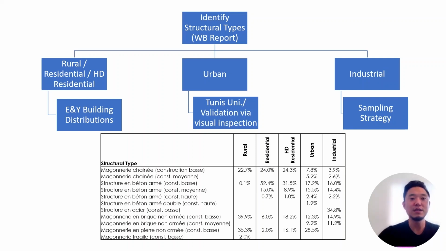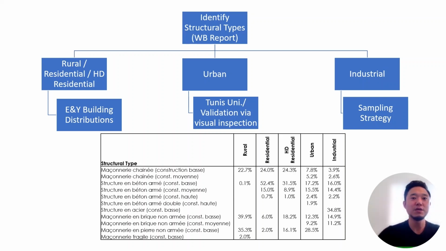The Tunisia housing data allowed us to relate those housing types to the Ernst & Young building types. For the urban, we relied on the field survey from the University of Tunis. We did validation inspection on our own to essentially sanity check any of those results. And for the industrial, again, it was a sampling strategy. There's no information regarding structural types for this from anything that we could find.